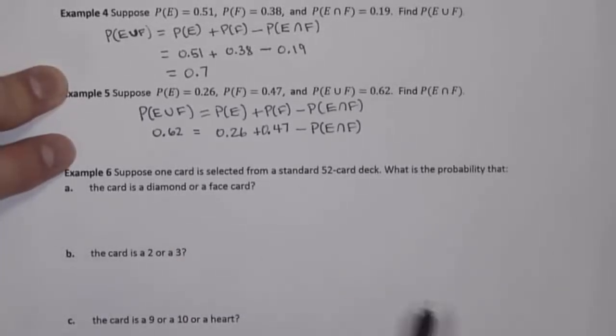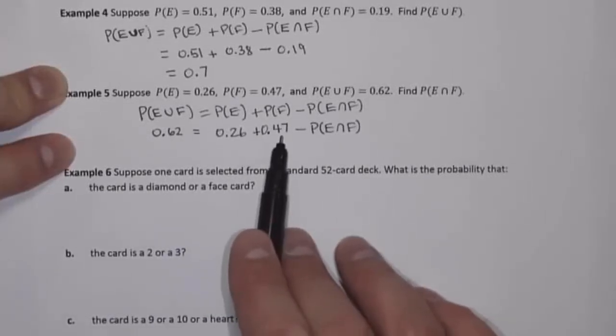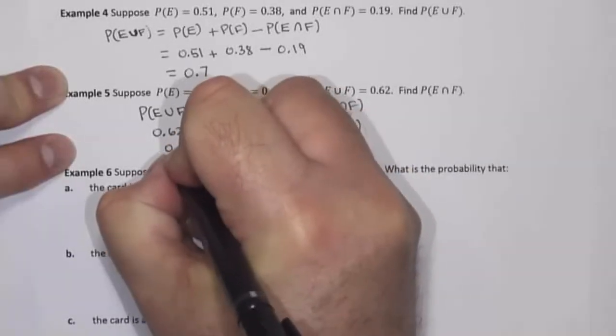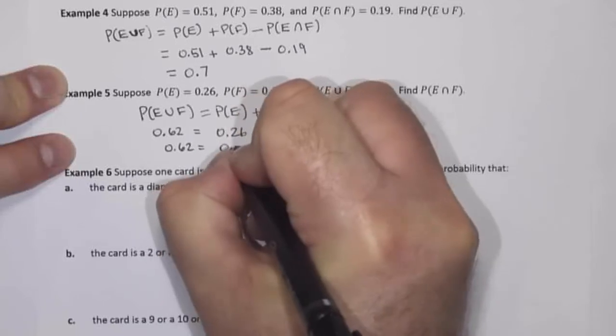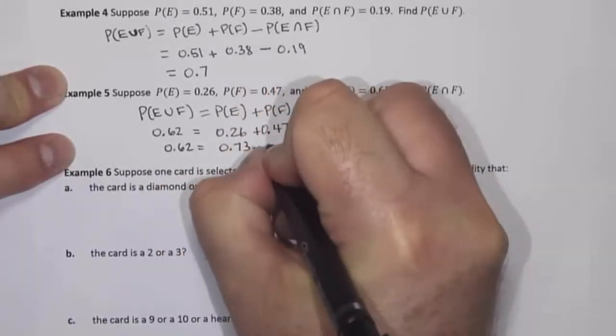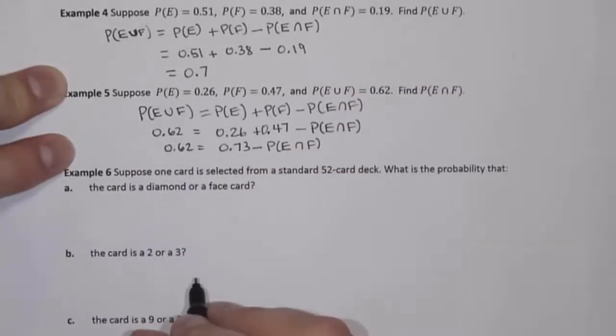So if I add up 0.26 and 0.47, that's going to be 0.73. So I have 0.62 equals 0.73 minus the probability of E intersect F.